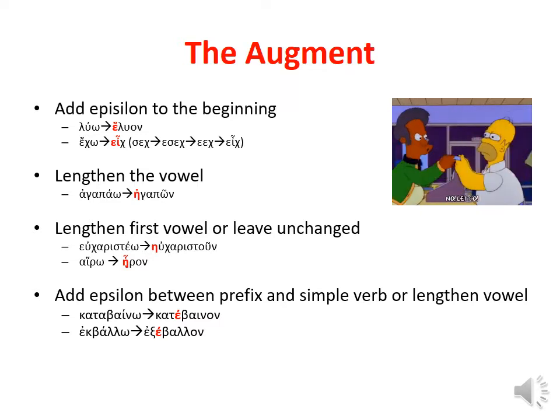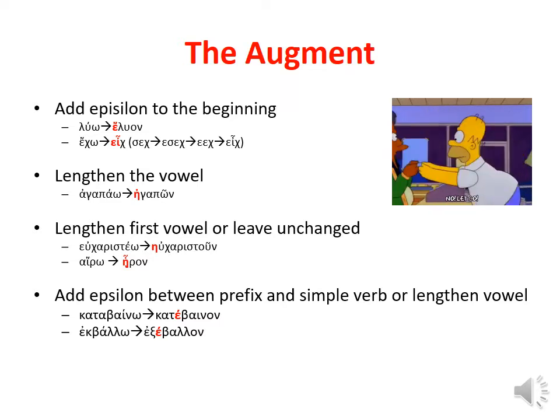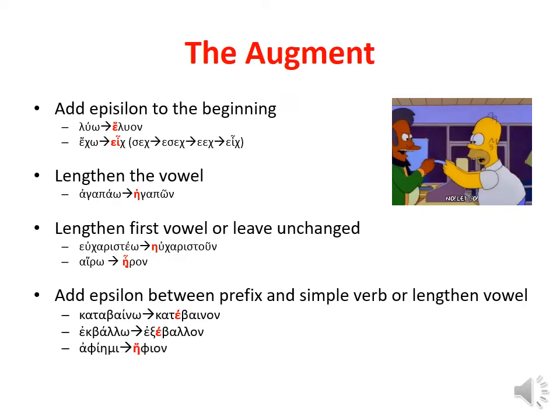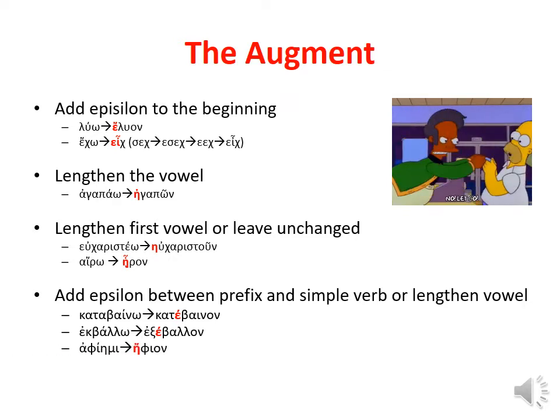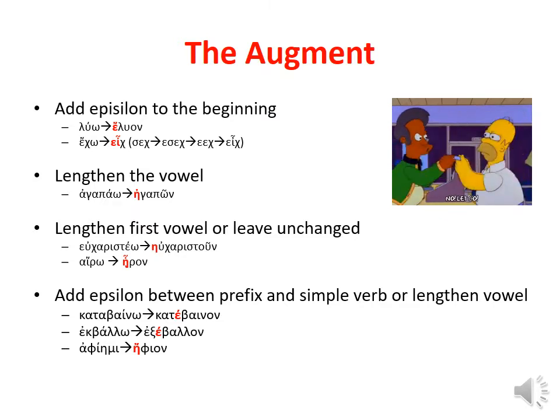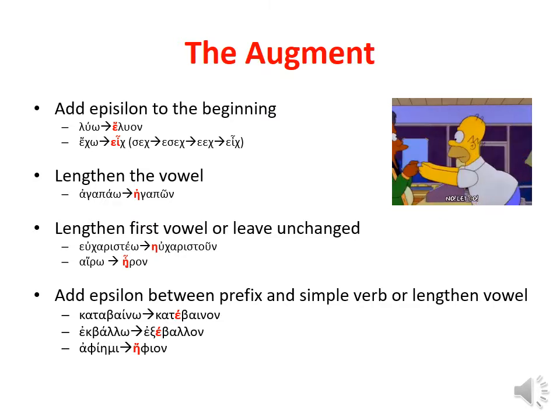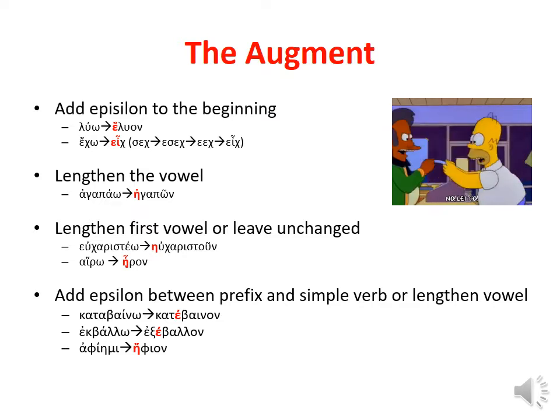In ekballo, notice the ek will change to ex in order to accommodate that vowel between: exebalon. And in rare situations, the vowel at the beginning of the prepositional prefix does augment, as if speakers conceived of the initial prefix as in fact an essential part of the verb and not a prefix at all.